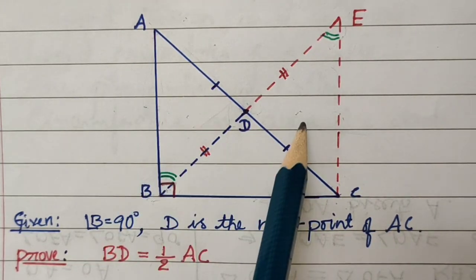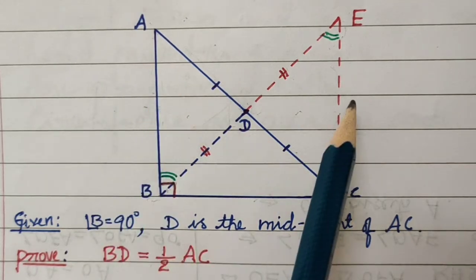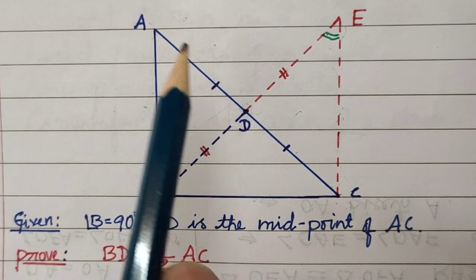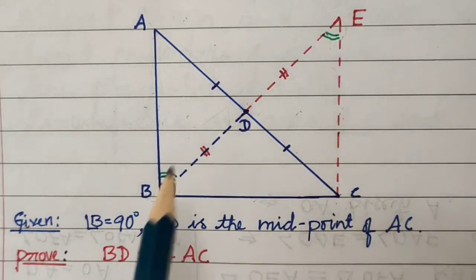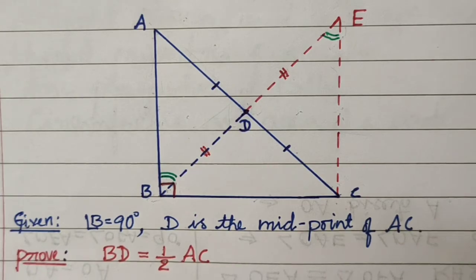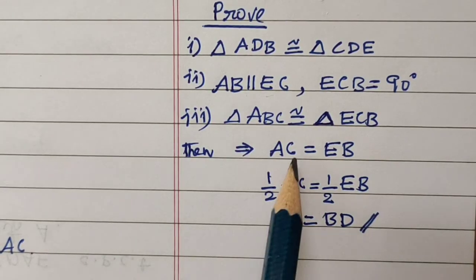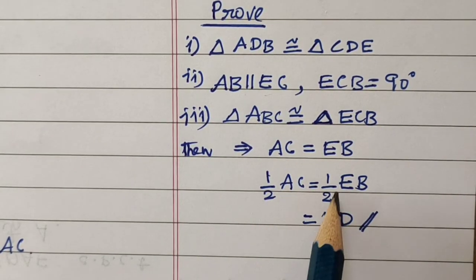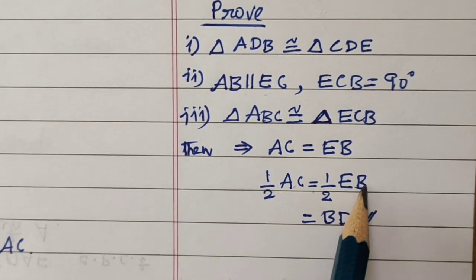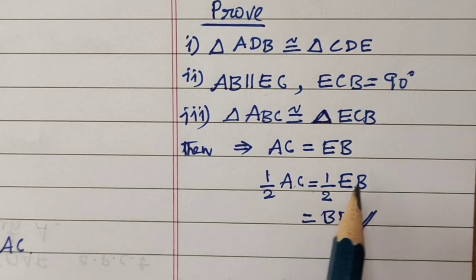Because these two are congruent, BC is equal to CB, and AC is equal to EB. Taking half on both sides, half of AC is equal to half of EB. What is half of EB?